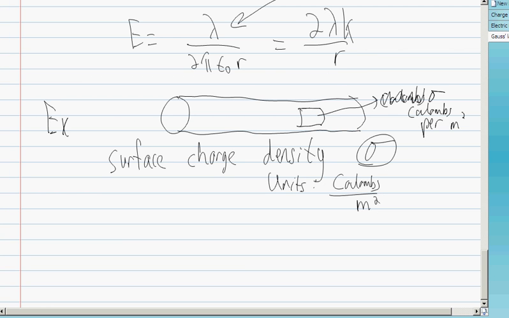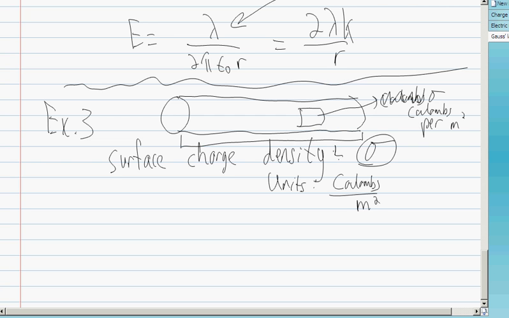Call this example 3. And this thing here is going to be, like I said, we'll give it a length L. Okay. And let's go ahead and see what happens. Because Q enclosed, which is usually the trick to these things, is going to be the surface charge density times the surface area.